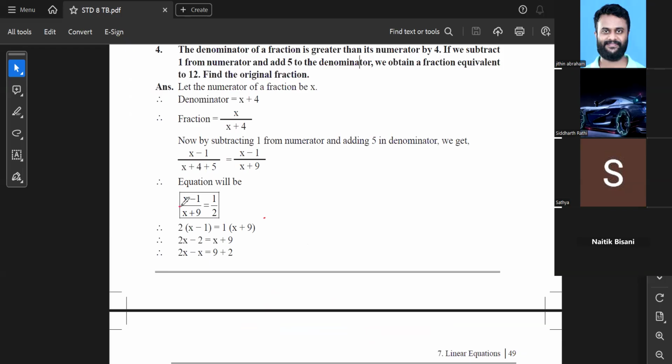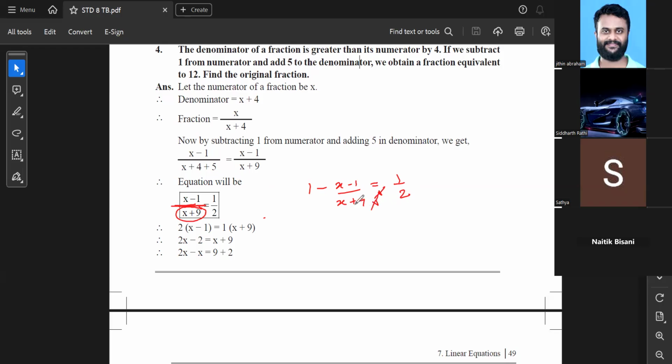I said the denominator is applicable for the whole numerator. That is the condition for cross multiplication. The denominator should be common for the whole numerator. It should not be like this: 1 minus x minus 1 upon x plus 9 is equal to 1 by 2. Then I would not have done this cross multiplication.